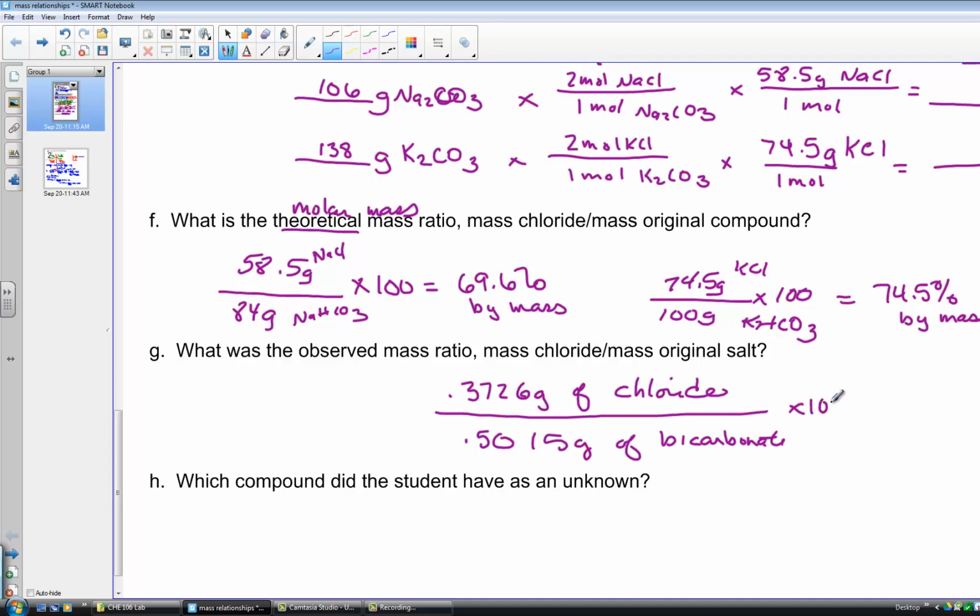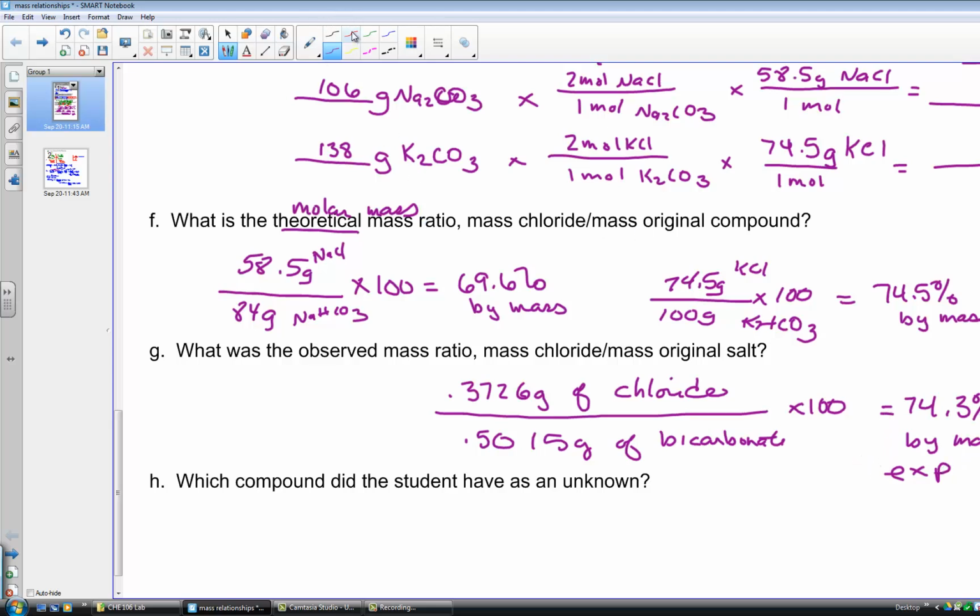Let's express that as a percent. So the final weighing over the initial weighing, 0.3726 divided by 0.5015 times 100. We get 74.3. So this is my experimental mass ratio.